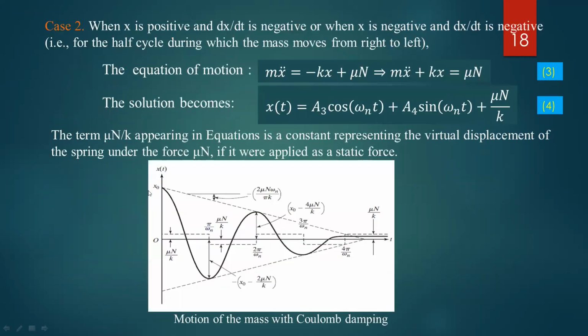Again, the second case is when the mass is vibrating with x in the positive direction and dx/dt, that means velocity, in the negative direction, or dx/dt is negative, for the next half cycle. This is for the next half cycle, the right to left motion.